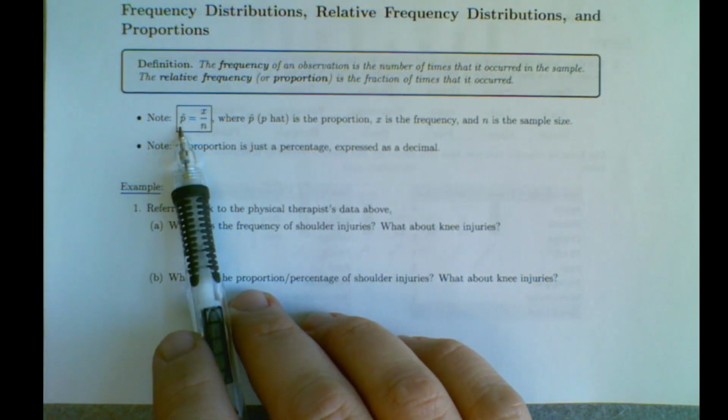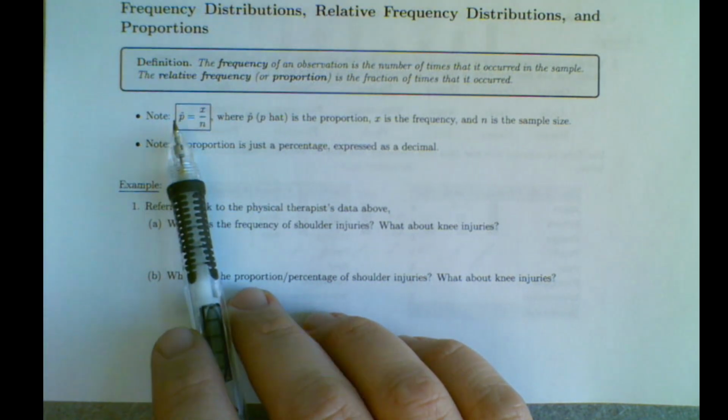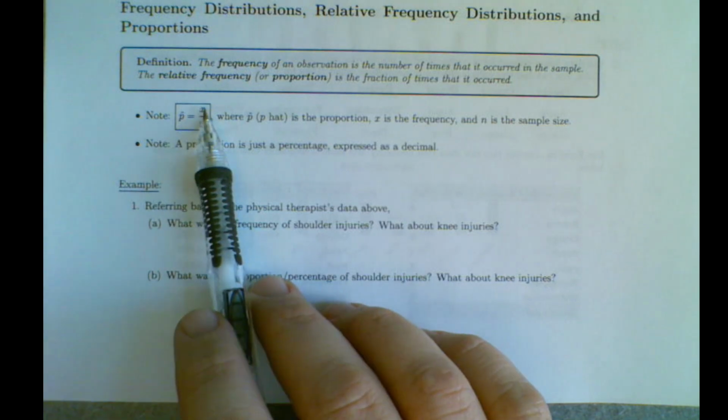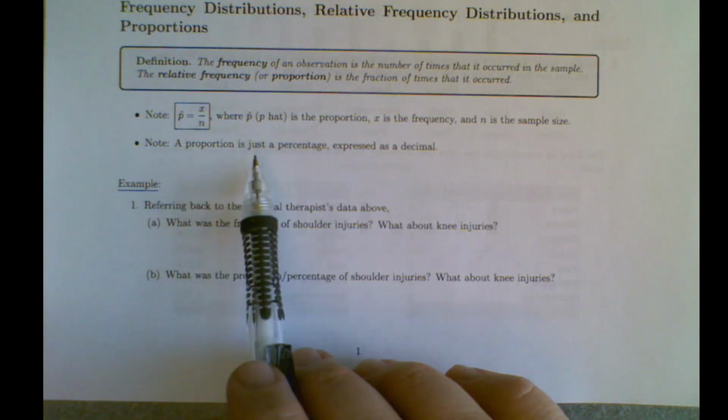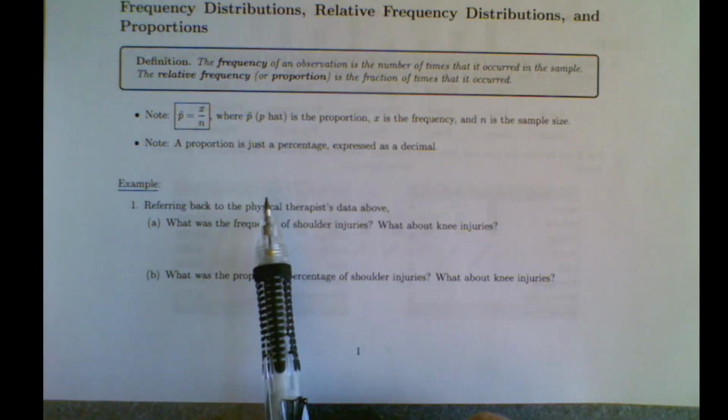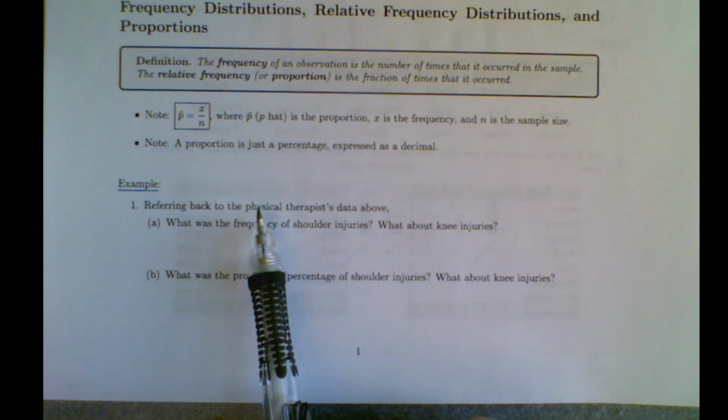The way you would calculate p hat is p hat equals x divided by n. Note that a proportion is just a percentage expressed as a decimal. So if you had a sample proportion of 0.27, that is equivalent to saying 27%.